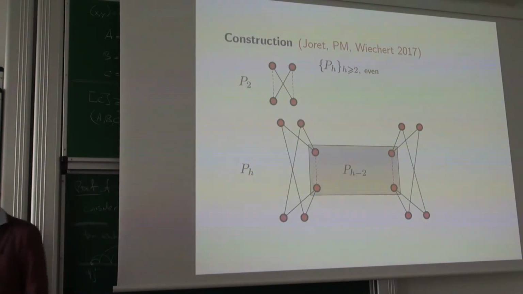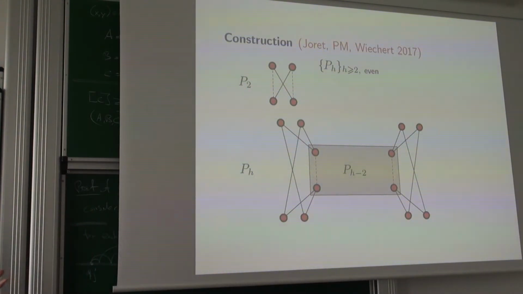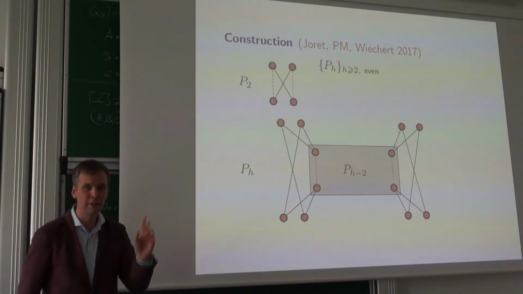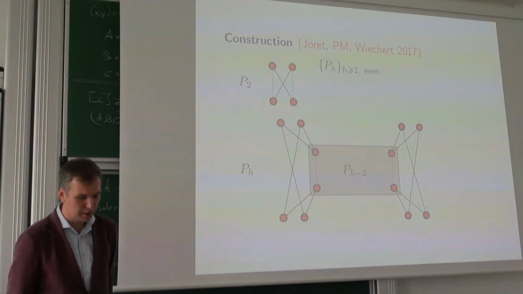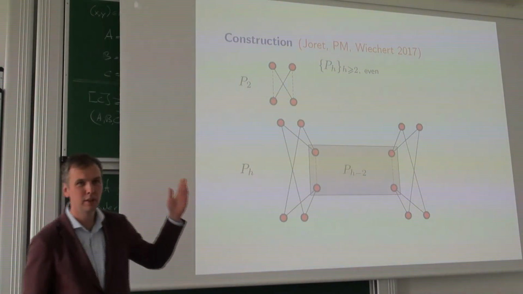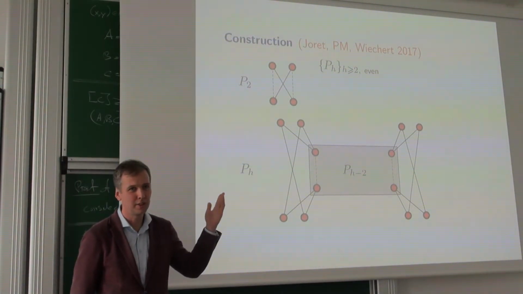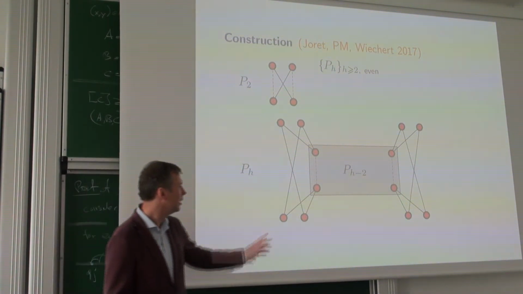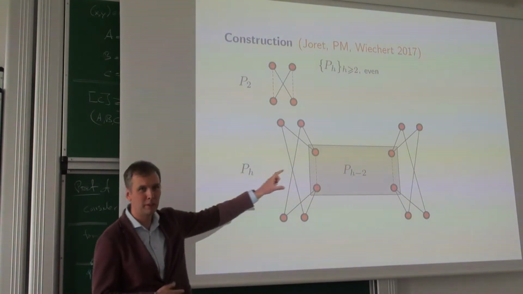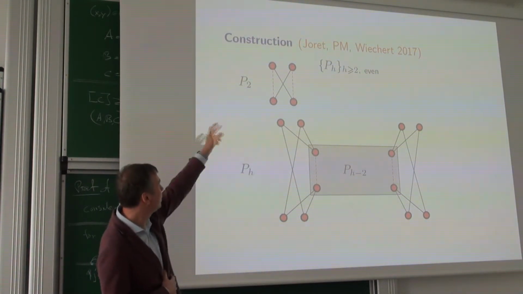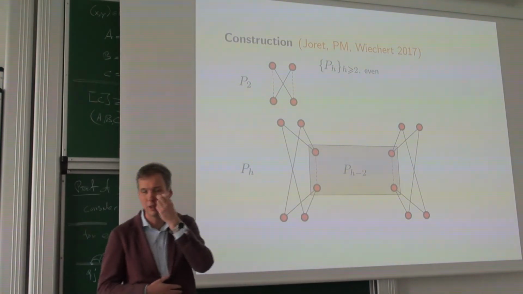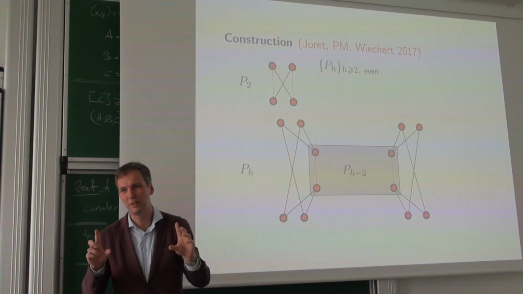Look at this easy construction. I have a family of posets indexed by even natural numbers. P2, everyone sees what it is. Then when you make a step, you have some incomparable pairs highlighted in P(H-2), lots of them actually.